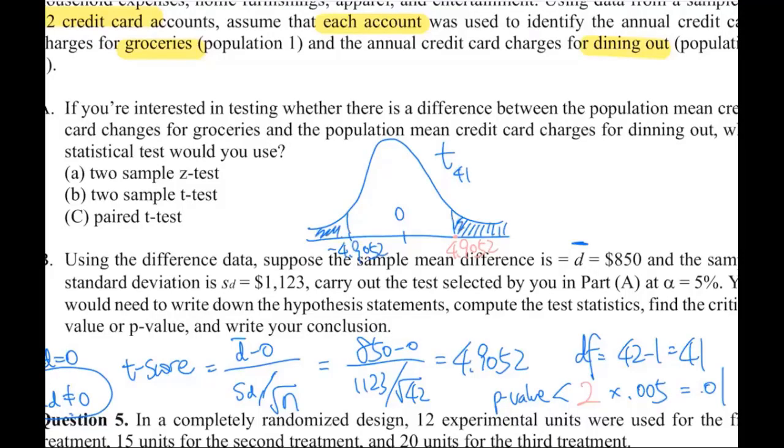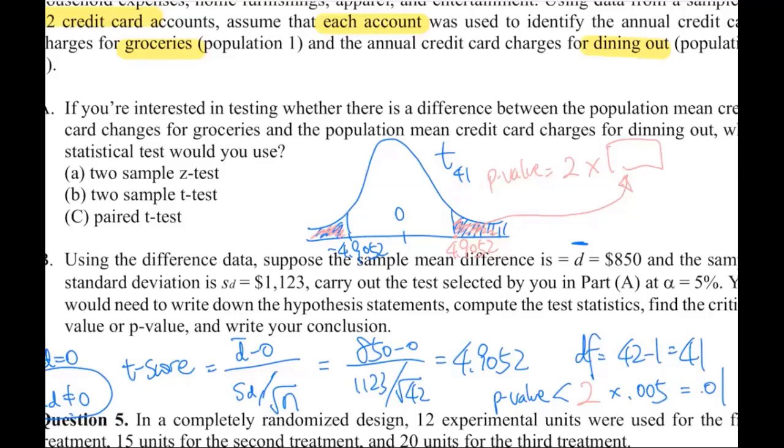If you are looking for the p-value, that's going to be 2 times this small corner here. If you find this part, you just have to double it to get the total p-value. So now we have to figure out this one, which is to the right-hand side of 4.9052, with degrees of freedom 41.